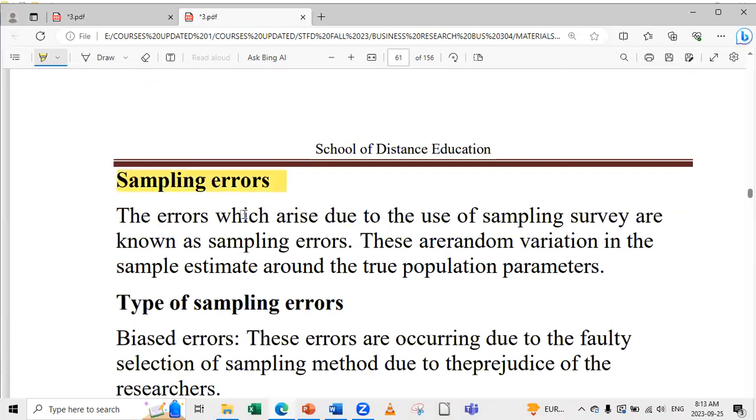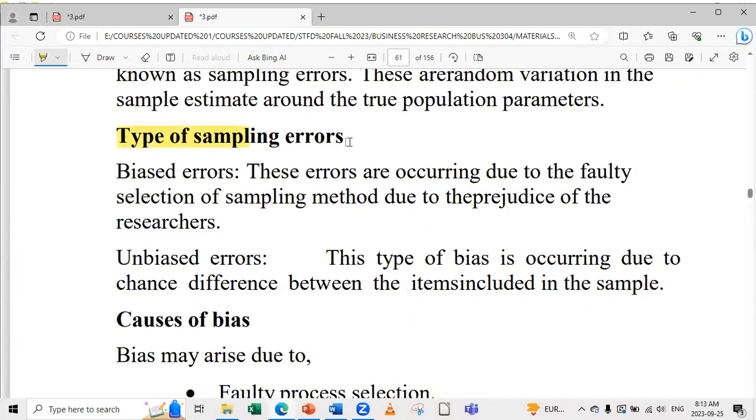Sampling errors: what are the types? The bias errors. We said bias is when you favor something, favor one alternative. These errors occur due to faulty selection of sampling methods due to prejudice. Look at this, prejudice means that I put my previous opinion, and that will affect the results of the research.